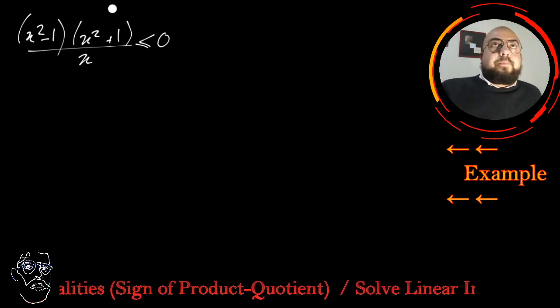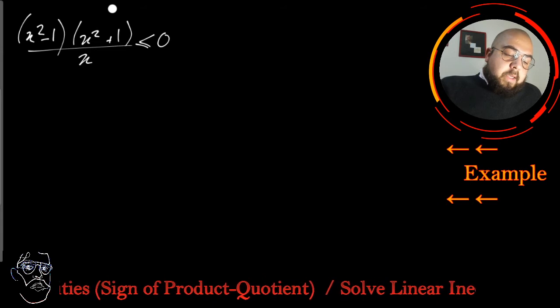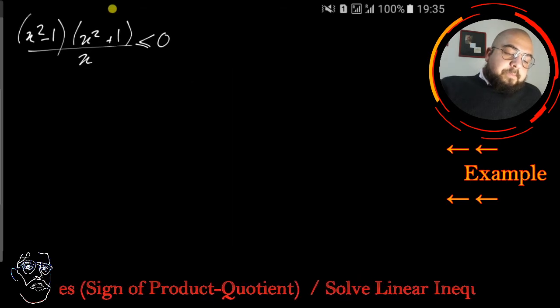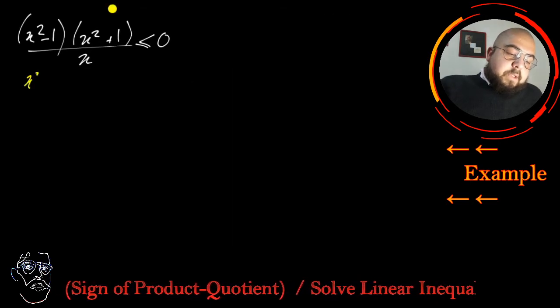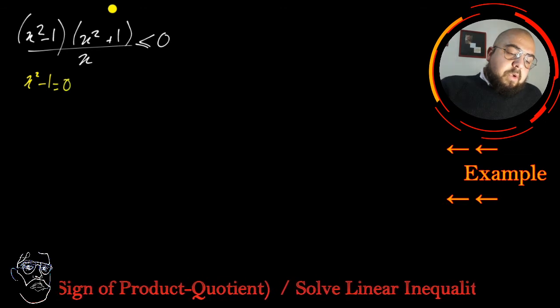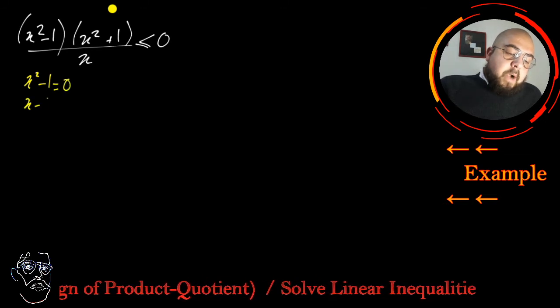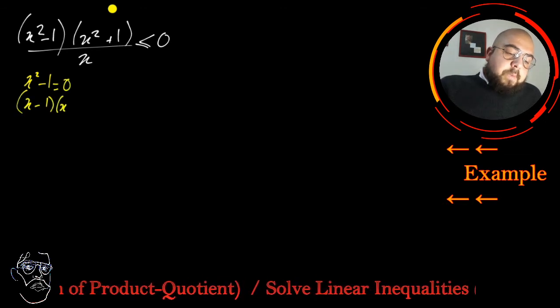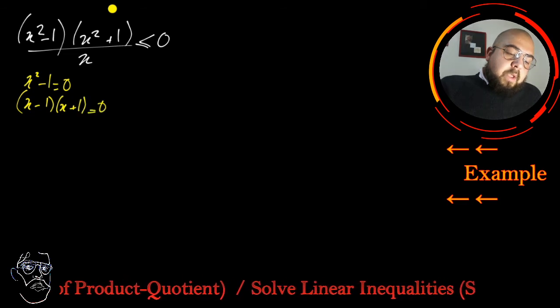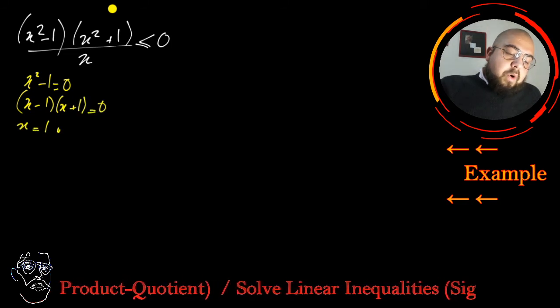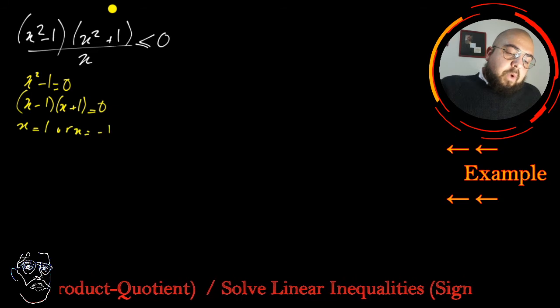All right. Again, I start by solving. x squared minus 1 is equal to 0. So x minus 1, x plus 1 is equal to 0. x is equal to 1 or x is equal to minus 1.